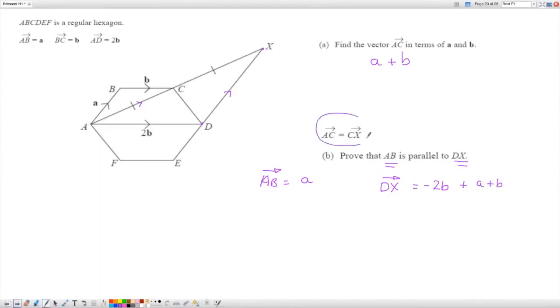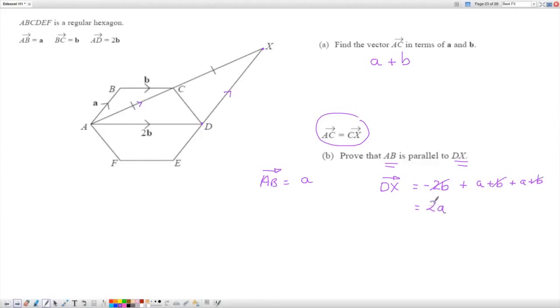But remember, when we get here, we then have another vector, the same. CX is the same as AC, so we add here another vector, a plus b. So simplifying here, we have minus 2b plus b plus b, that cancels, and we're left here with 2a.